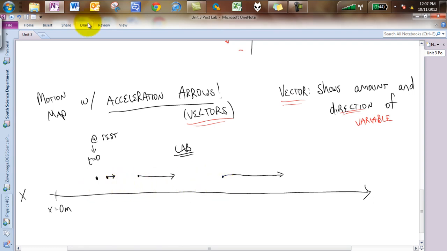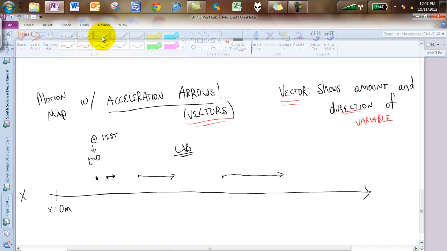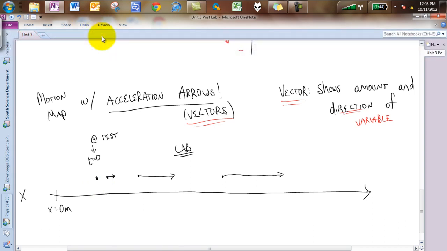The other thing now that we're going to have to do, and I'm going to do this in blue, is draw in the acceleration, showing, again, that acceleration is the direction and value of the change in velocity.